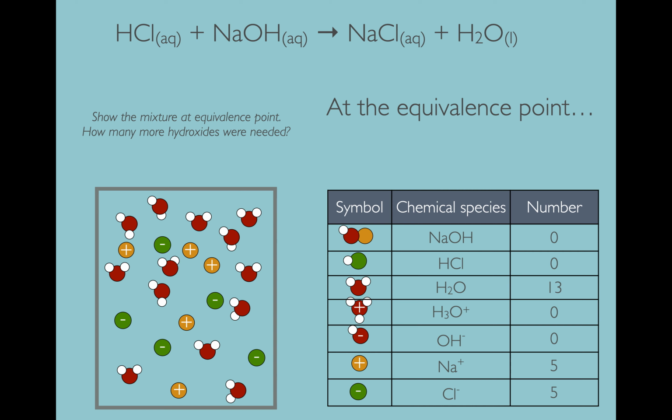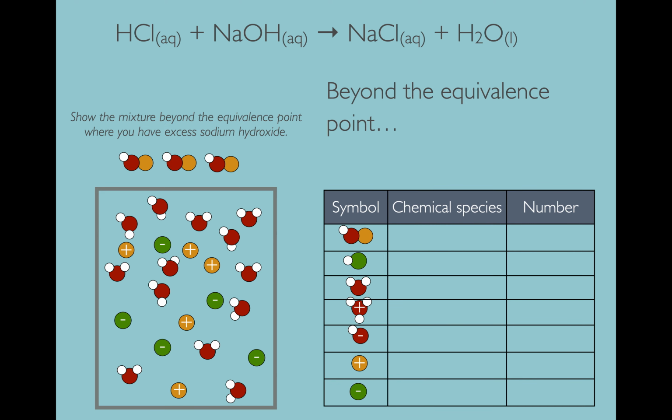We've got no hydroniums and no hydroxides. We've just got waters, and we've just got sodium pluses and chloride minuses. We've just got salt and water. This is at our equivalence point, okay? So we've got 5 sodiums and 5 chlorides because we had to add 5 sodium hydroxides in to neutralize our 5 hydrochloric acids.